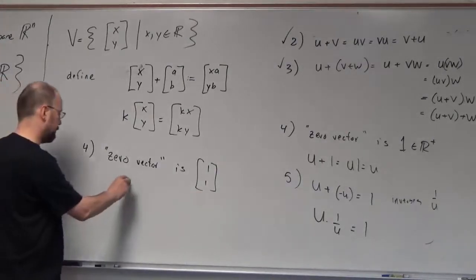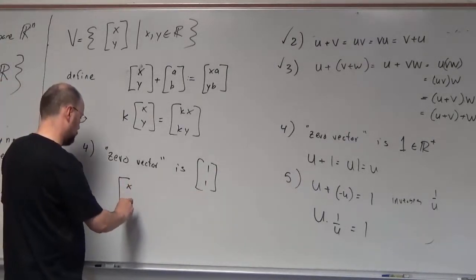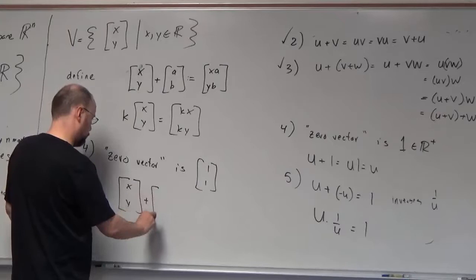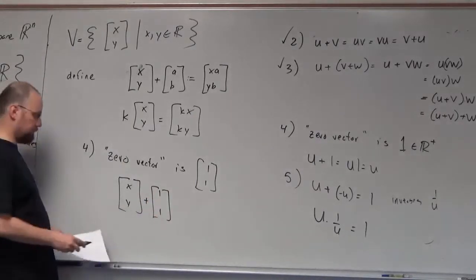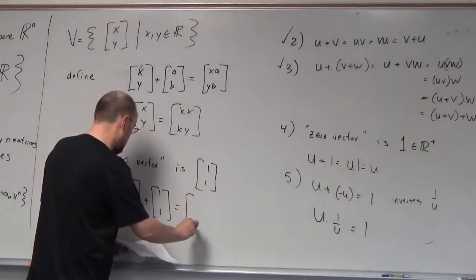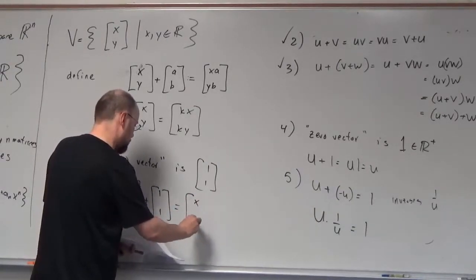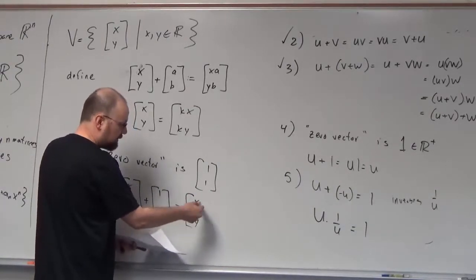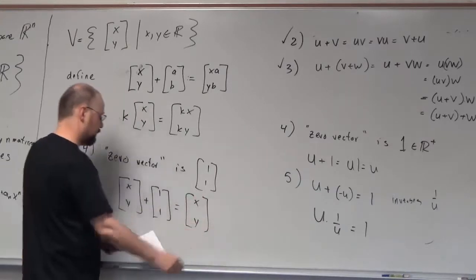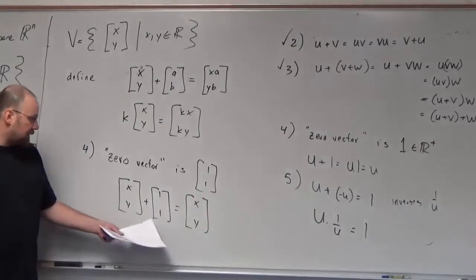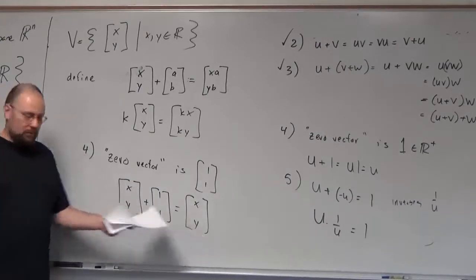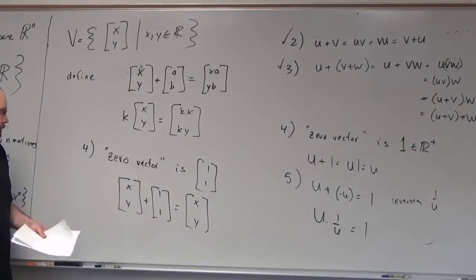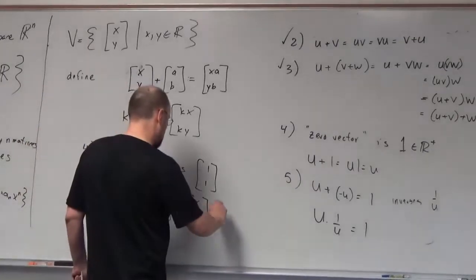Why? If we add these two ordered pairs, according to our definition, we're actually multiplying the components. That would be x times 1, and y times 1. So this serves as an additive identity. This vector plus that one gives you the original vector, (x, y). That's our zero vector.